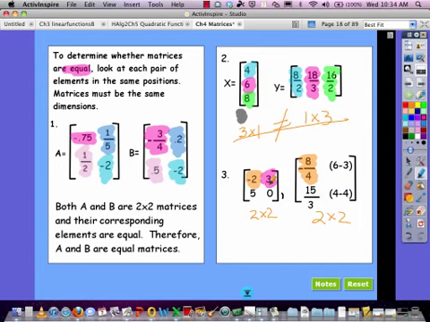First row, second column with first row, second column. Also looks good. Second row, first column with second row, first column. Second row, second column with second row, second column. So now we can say most definitely, yes, these are equivalent.